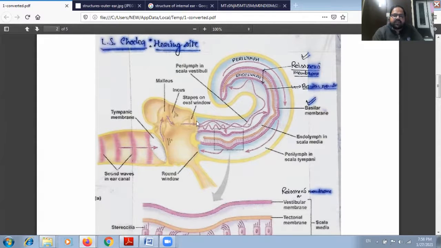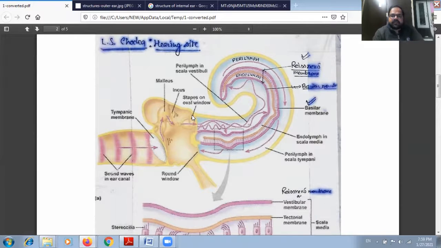After that, it is attached with the oval window. We can see here, this one is the oval window, and this oval window is present between the internal ear and the middle ear. So this one is the cochlea, and the cochlea is attached with this oval window.